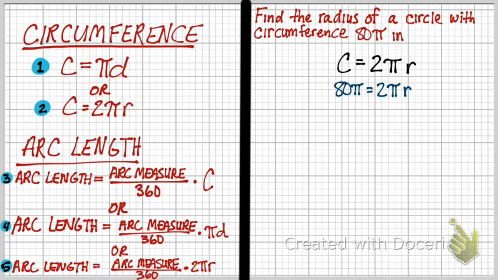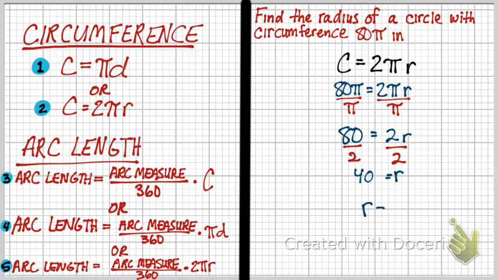To begin solving for r, I'm going to divide both sides of the equation by pi, and on both sides the pi's will divide out, and I'll be left with 80 equals 2r. And now I need to divide both sides of the equation by 2. When I divide by 2, on the right-hand side, the 2's divide out, and I just have r. And on the left-hand side, I have 40.